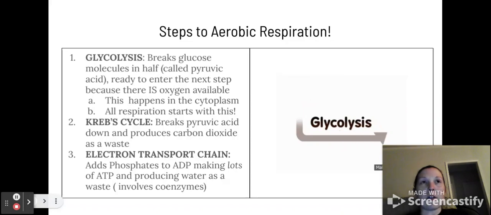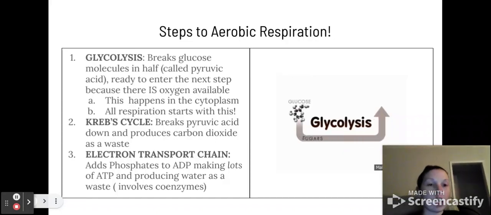And this is where phosphate groups get added back onto the adenosine diphosphate to make it triphosphate again so that we can reuse it and make more energy, save that energy, make those bonds and everything. So this will involve coenzymes because we have to move hydrogen ions across a gradient and all that good stuff. But just know we have to go through the electron transport chain to recharge the battery.